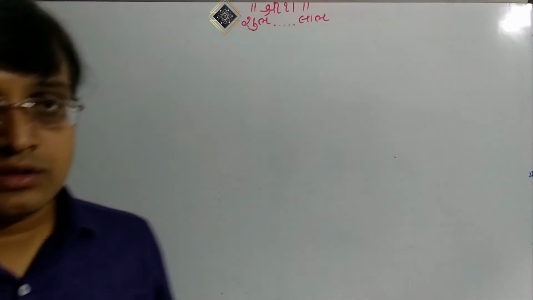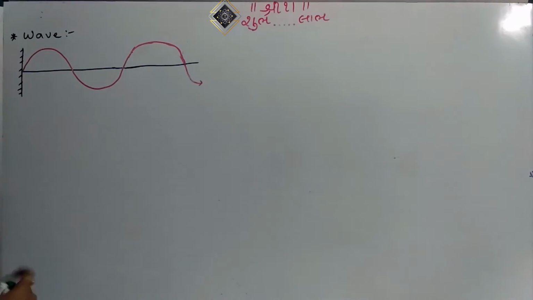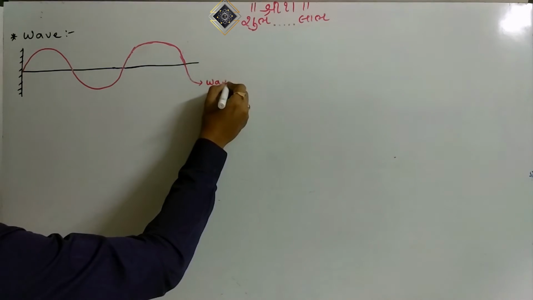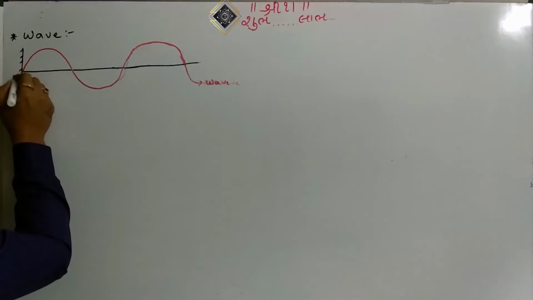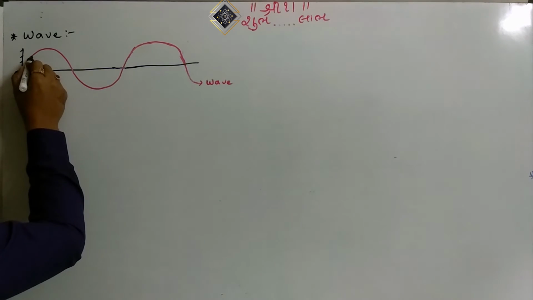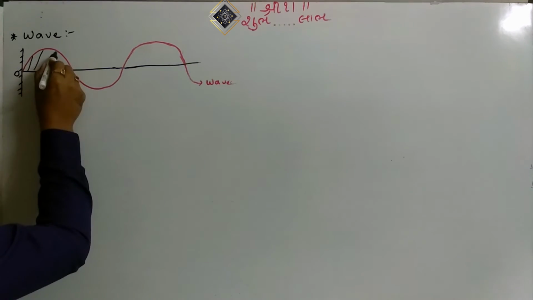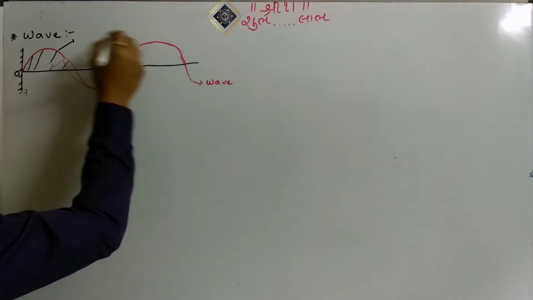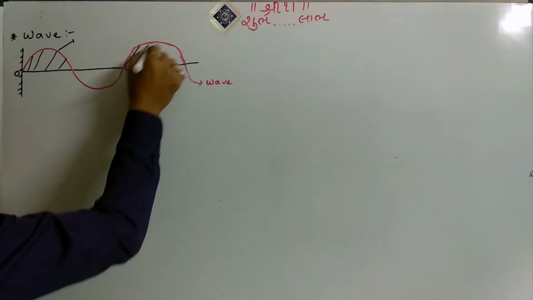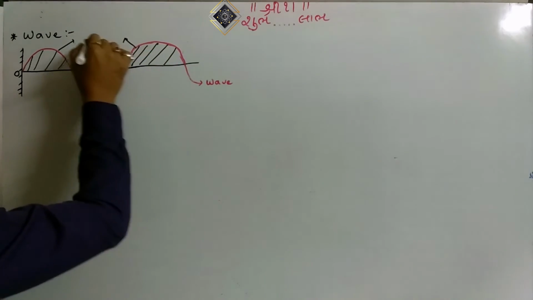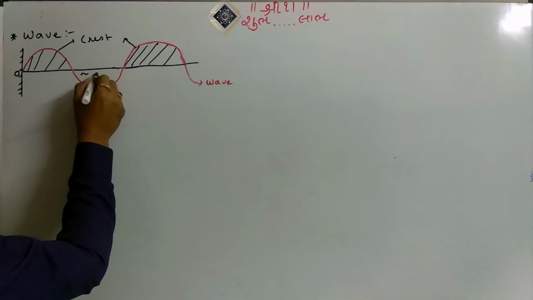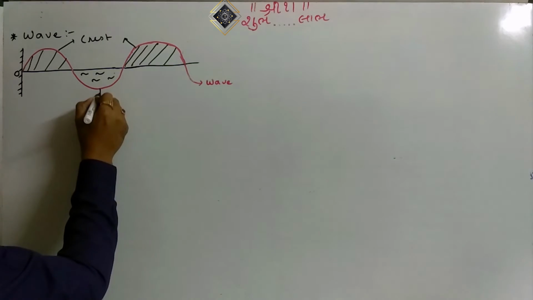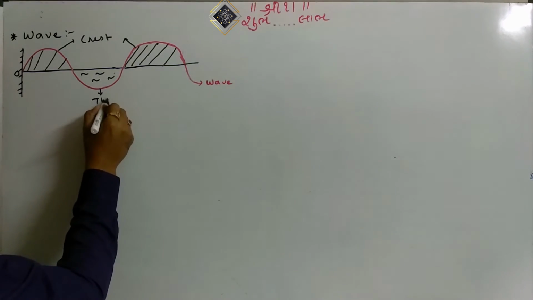Some more definitions related to the wave. So this one is the wave. The different parts of the wave are: this is considered as the origin. This upper lobe of the wave is referred to as the crest, and this lower part is known as the trough.